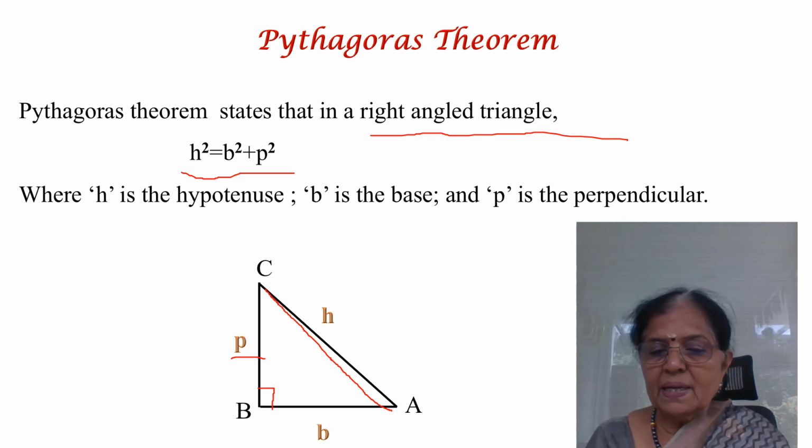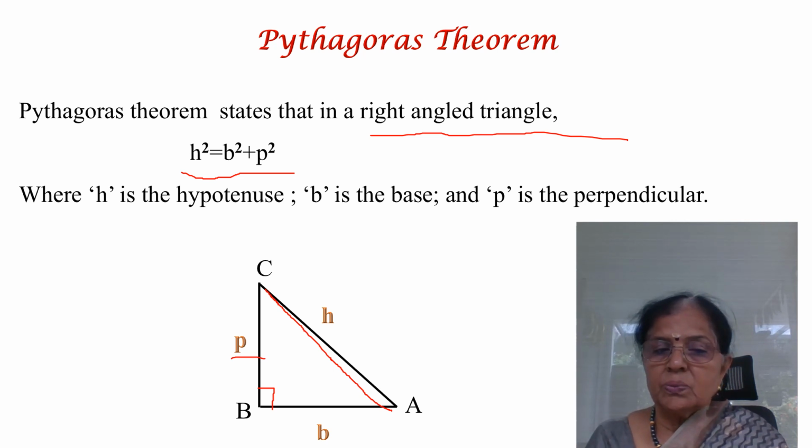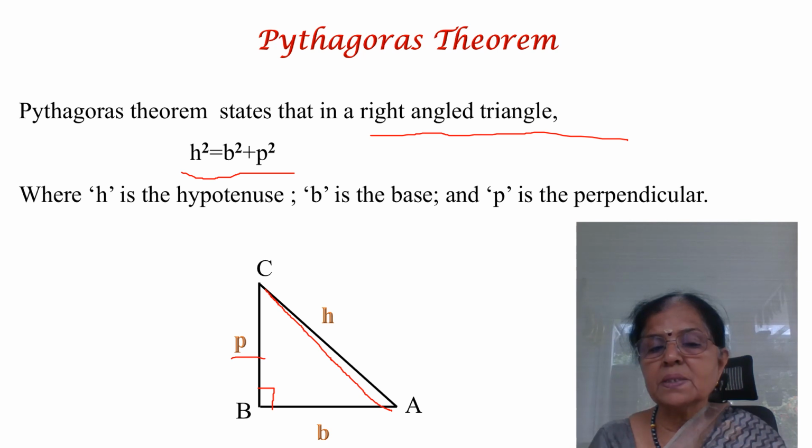So in triangle ABC, H is the hypotenuse, which is the side opposite to the right angle, this is the base AB, B, and the other side, perpendicular to the base, is P. So hypotenuse square is equal to the sum of B square plus P square.